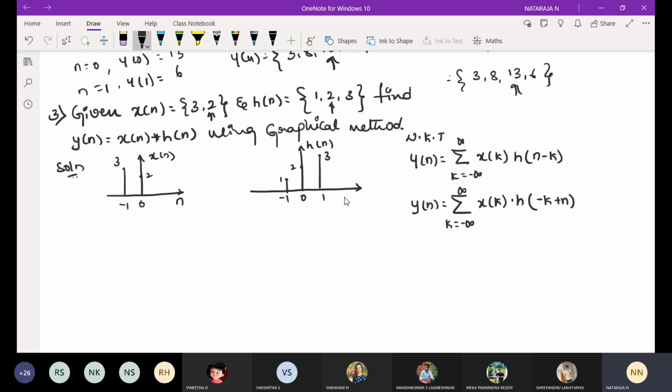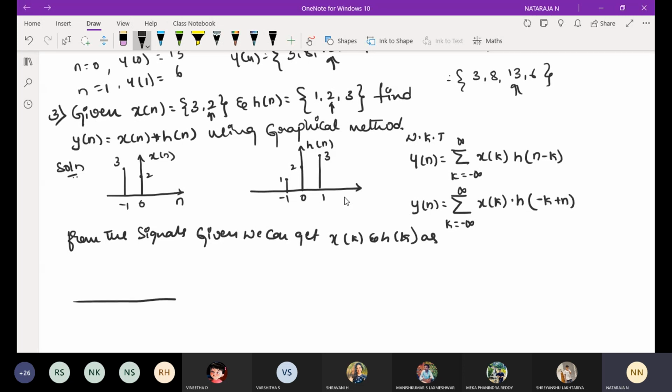Now I will do this from this signal. From the signals given, we can get x of k and h of k as the same signals, which I am going to consider with respect to k.